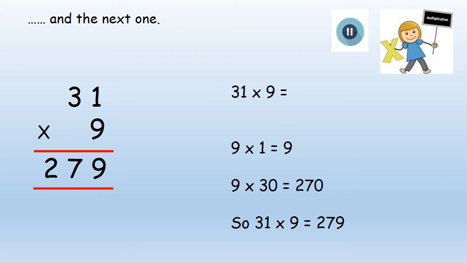And the next one, 31 times 9. Well, 9 times 1 equals 9. 9 times 30 equals 270. And so that gives you 279.